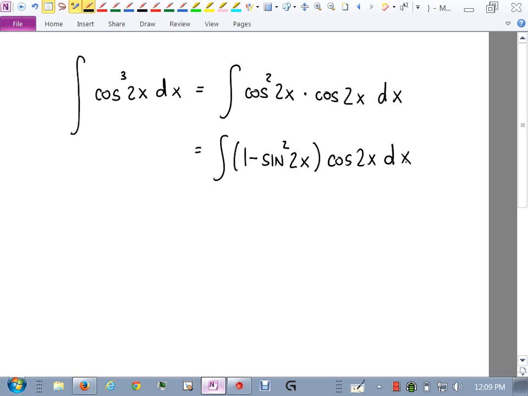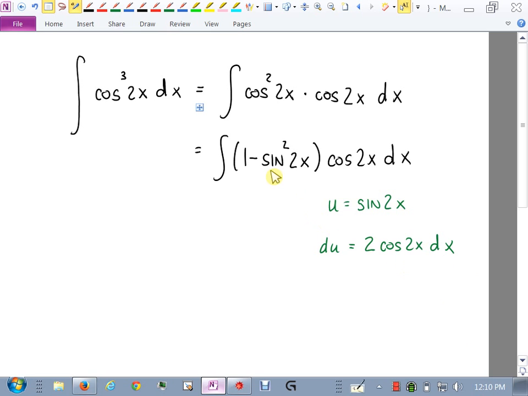Why did I do that? So I can make what substitution here? U is, yeah, the du is the cosine 2x dx, so my u is sine 2x. My du, because of the chain rule, is 2 cosine 2x dx.